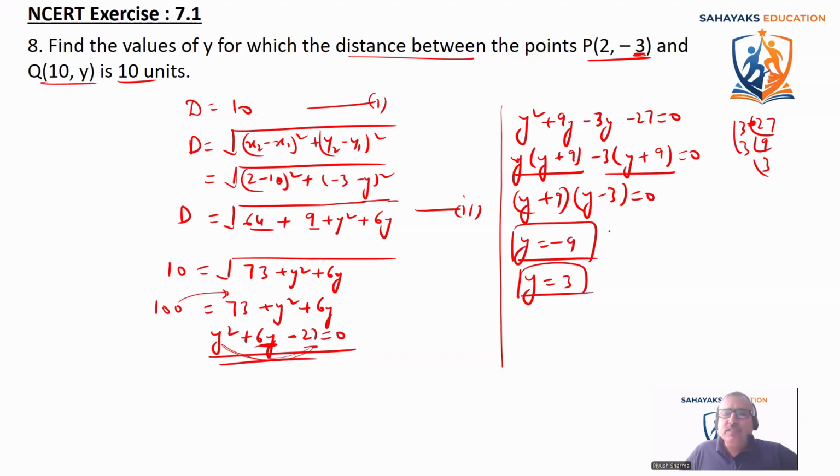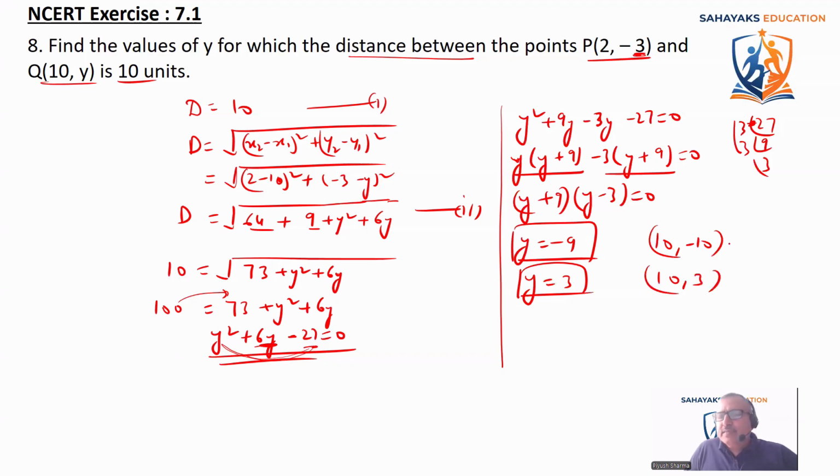These are the two values which are equidistant from these 2 points. Okay, not equidistant, I mean 10 units. So the points are, what are the points? It is 10 comma minus 10. This is the point. And 10 comma 3. This is the point.